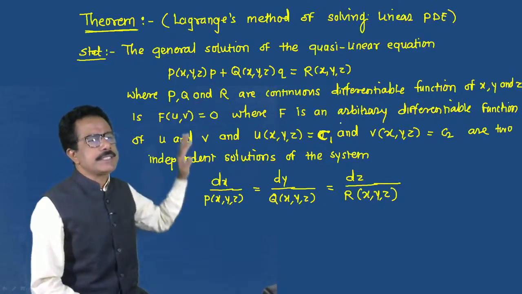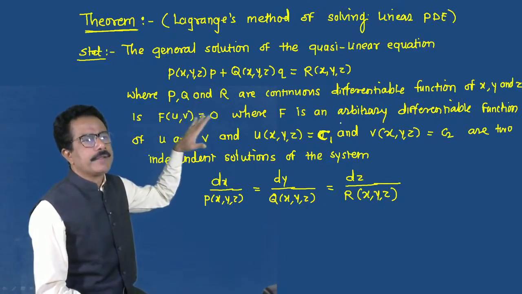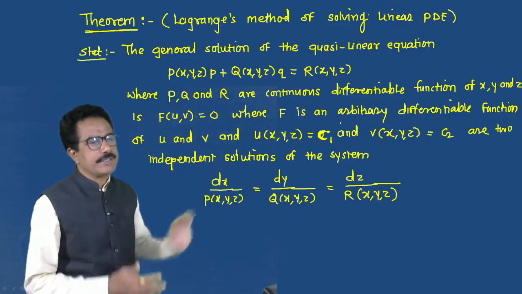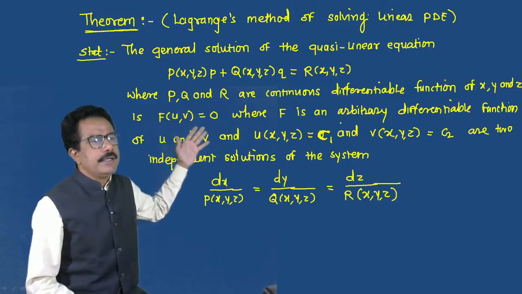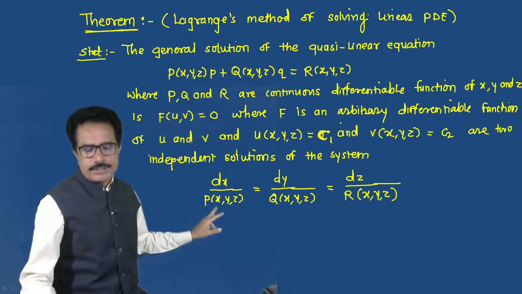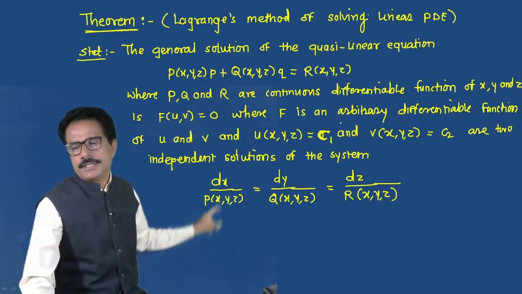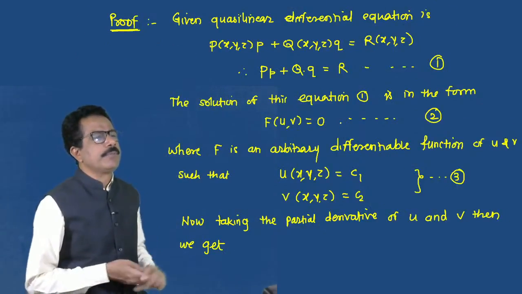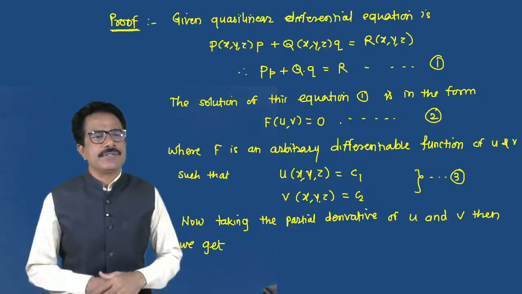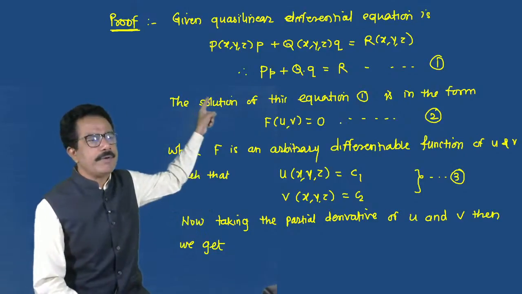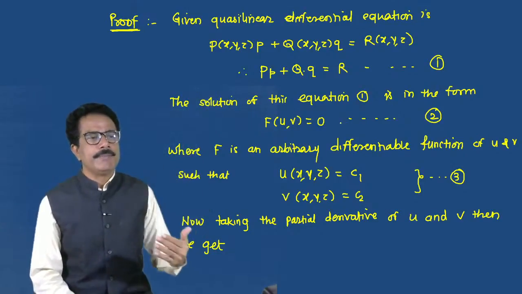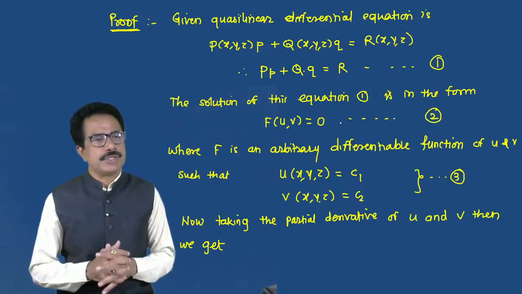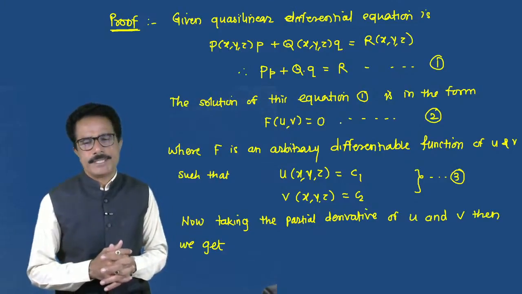Okay, this is Lagrange's method of solving the linear partial differential equation. This is the statement, and now we have to discuss the proof of this theorem. Given the quasi-linear differential equation P of x, y, z into p plus Q of x, y, z into q equals R of x, y, z.